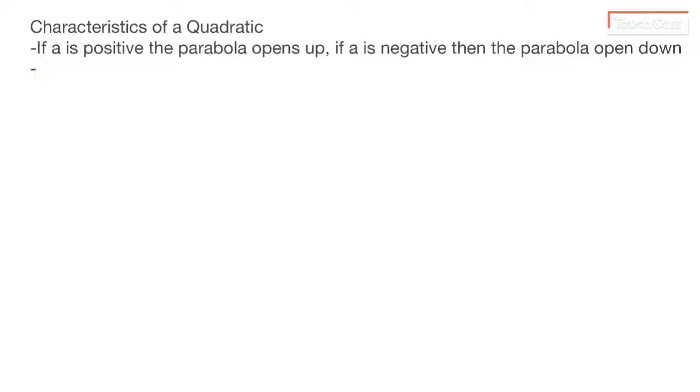Now a parabola is going to have a thing called a vertex, which is going to be a relative max or a relative min, depending on if it opens up or down. If it's a max, then it opens down, so a is negative. If it's a min, it opens up, so a is positive.